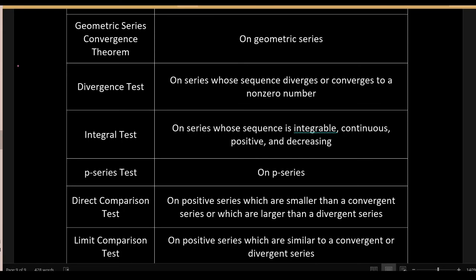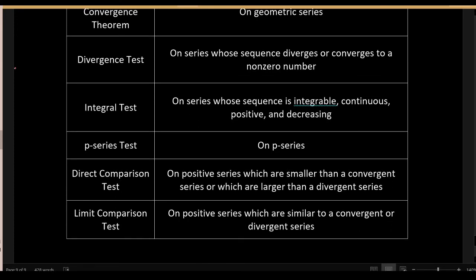Divergence test is only viable when you have a series whose sequence goes to either infinity, or the limit does not exist, or the limit is a non-zero number. If either of those things is true, then you know for sure that your series diverges.